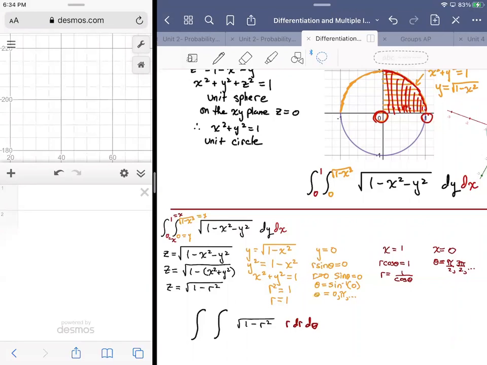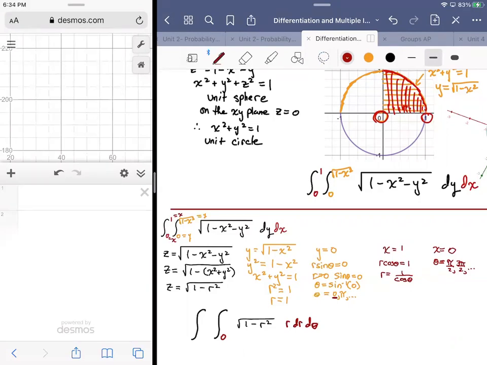So it could go from 0, which would make sense. And then the outermost part, and so inner to outer instead of bottom to top, because when you're starting at the pole, you're working from the innermost part of the circle to the outermost part.